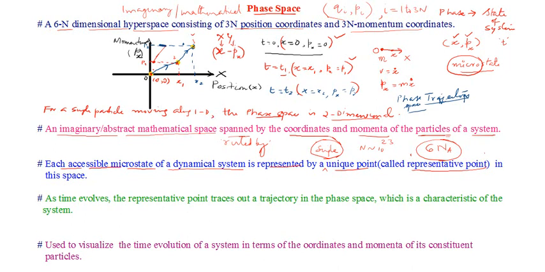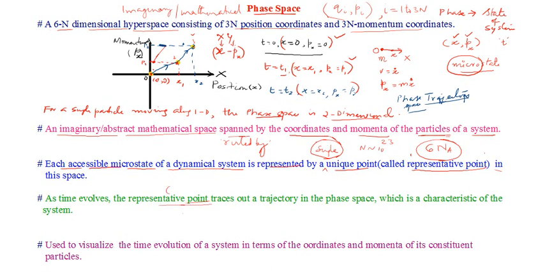As time passes, the representative point represents the system. Like a country is represented by its ambassador. The entire country is represented by the ambassador, right?